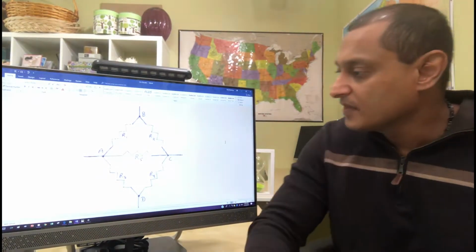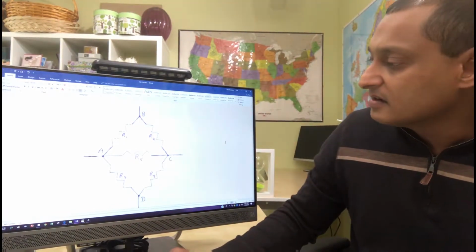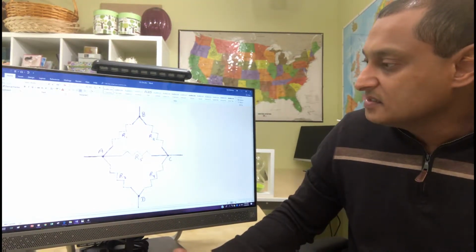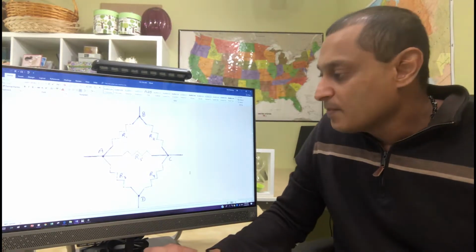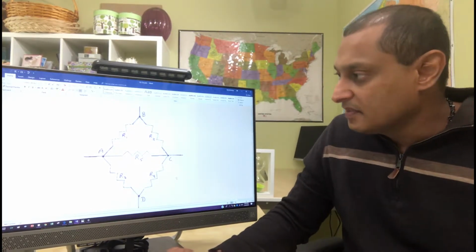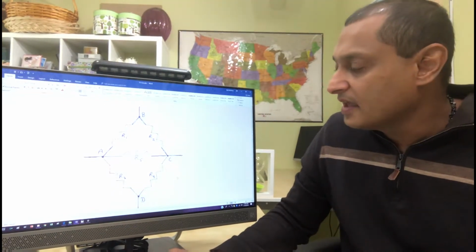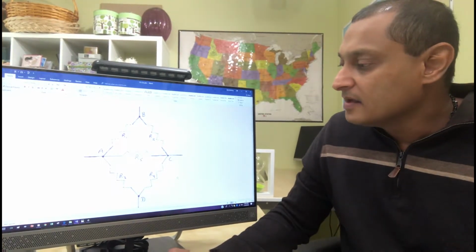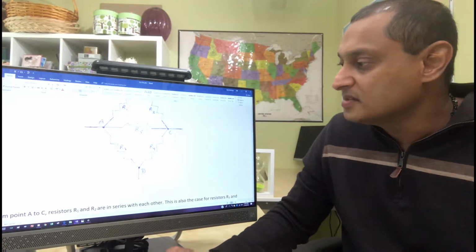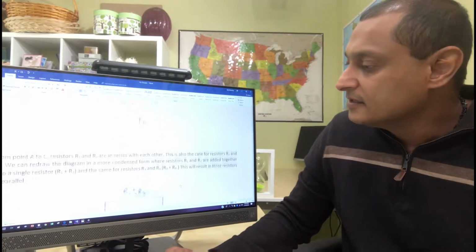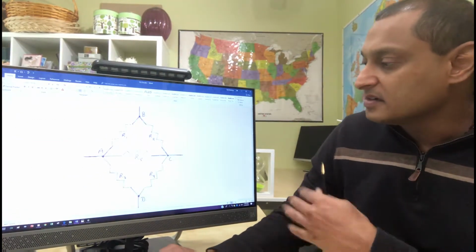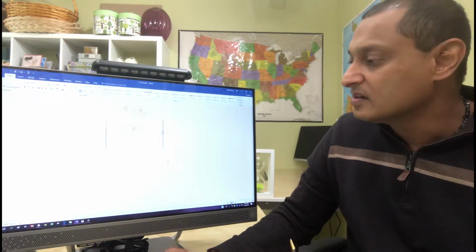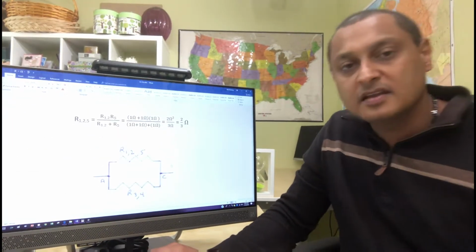As you can see, here is one interesting looking scenario, and we can find what the net resistance is between any 2 points, for example, point A and point C, or point A and point D. It's the same circuit, but the reader, I think, would be interested to know that the net resistance between 2 points depends on the path taken. And the reader will see this. And I show step by step how to take a circuit like this and break it down into something that's simpler in order to calculate the net effective resistance.